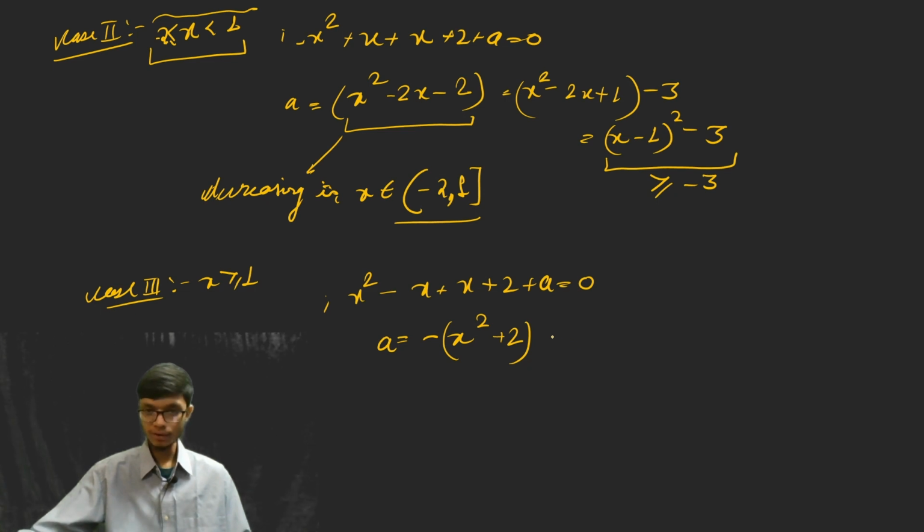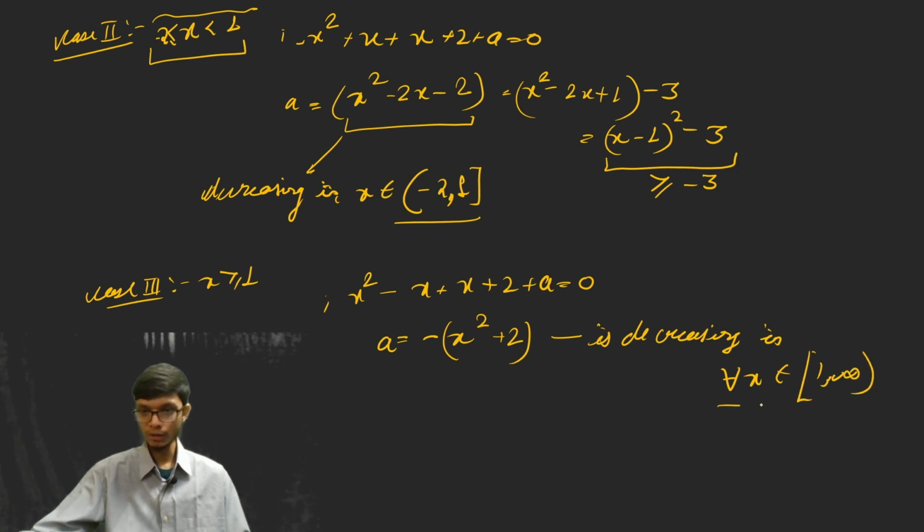This is also decreasing because the minus sign is there, for all x belonging to 1 comma infinity. Therefore exactly one real root.